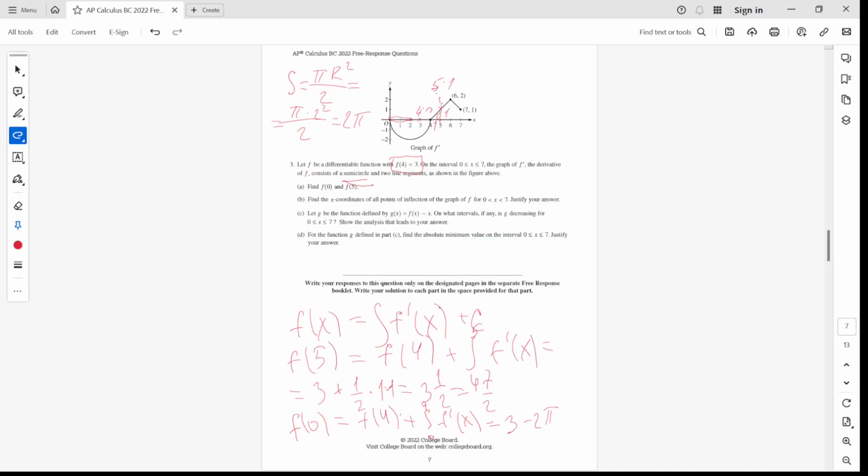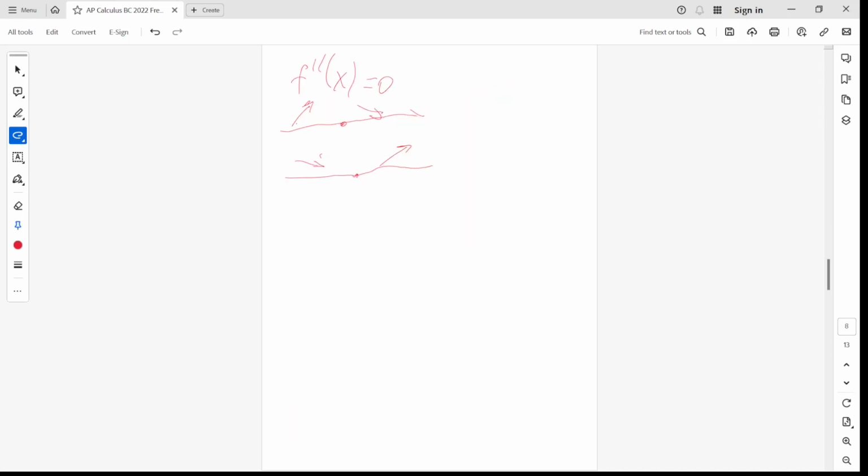So by looking at the graph, we just need to find points where the derivative was, for example, decreasing and then it was increasing, or was increasing and then it was decreasing, right? And there are only 2 points, x equals 2 and x equals 6, that are gonna give us our answer for this part.